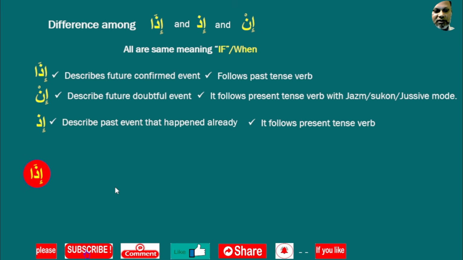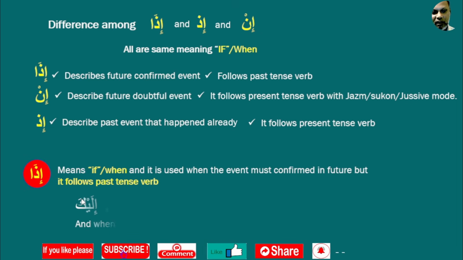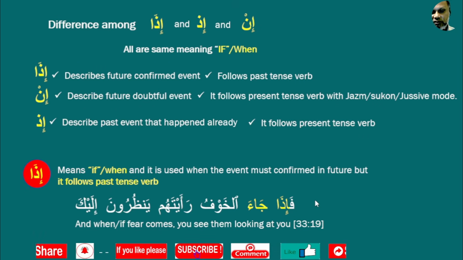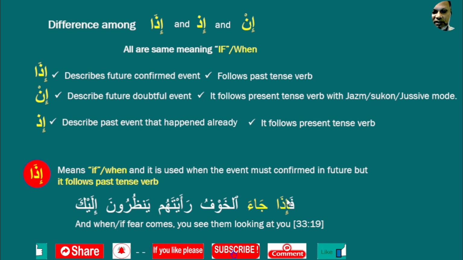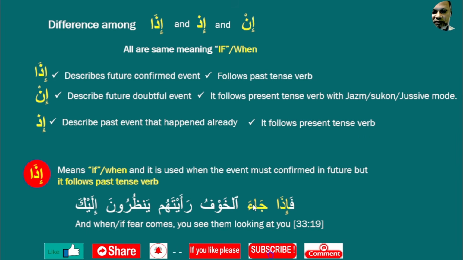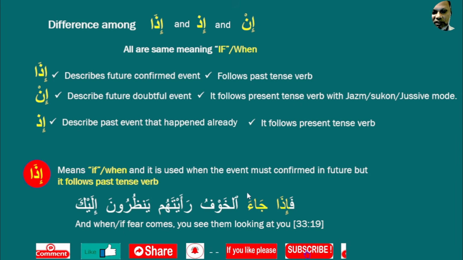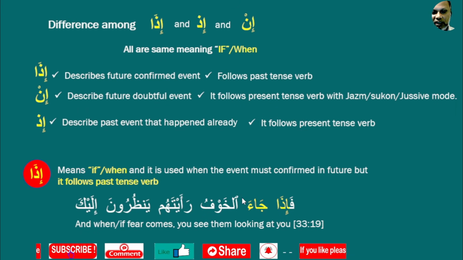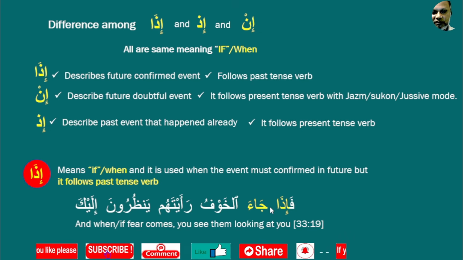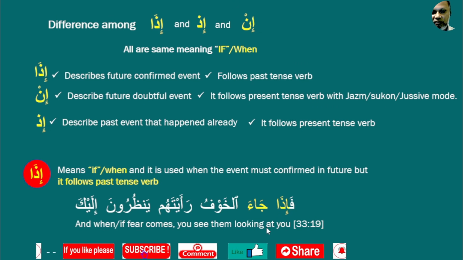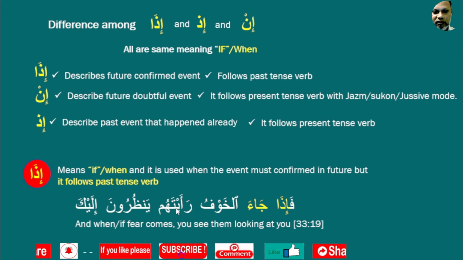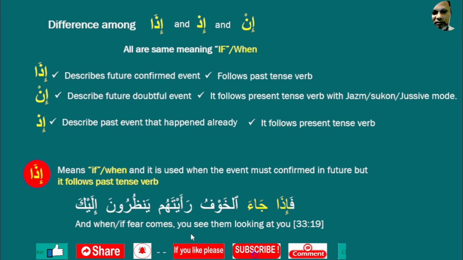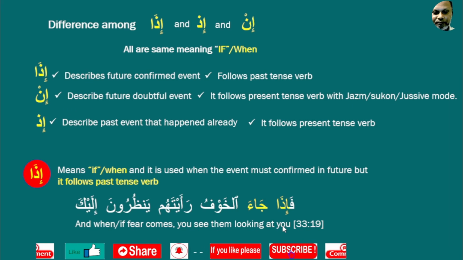Now we'll see some examples. Iza. Example: when fear comes. Fa iza ja'a al-khawfu. Iza ja'a means when it comes. Al-khawfu, the fear. Fa iza ja'a al-khawfu, when fear comes, you see them looking at you. Ra'aytahum yanzuruna ilayka.